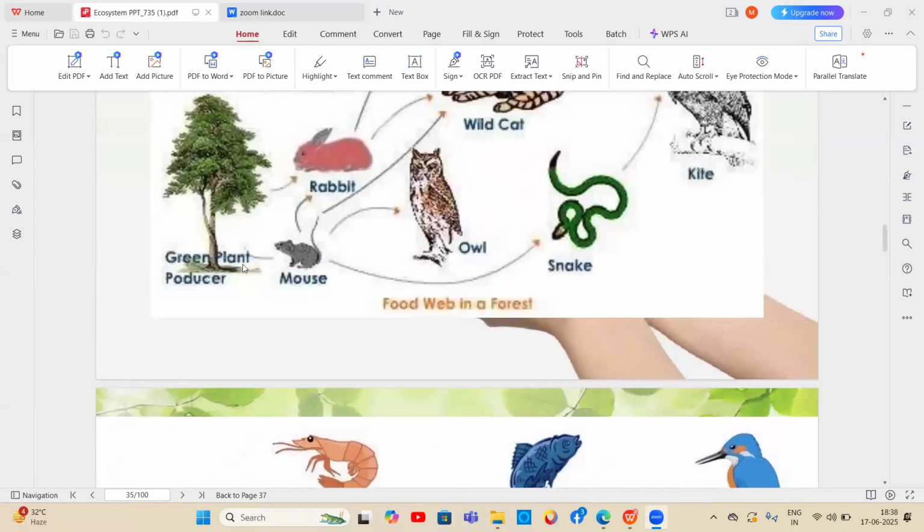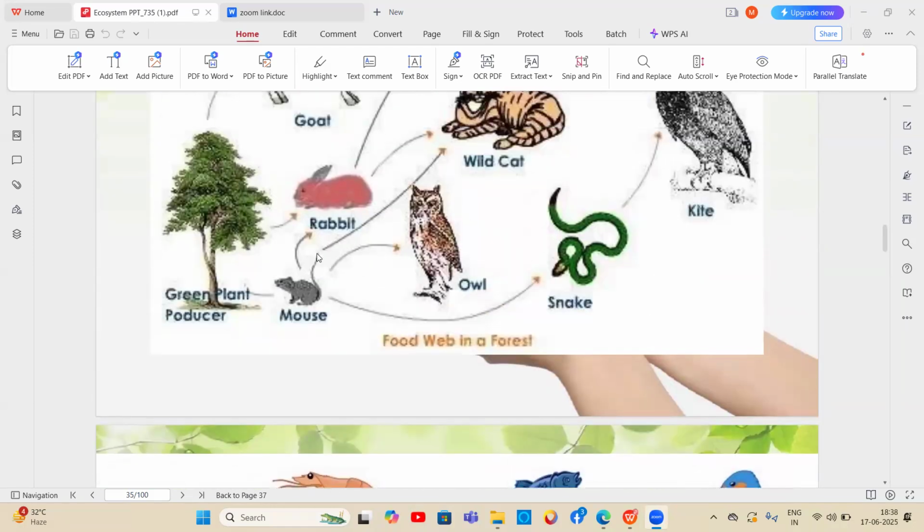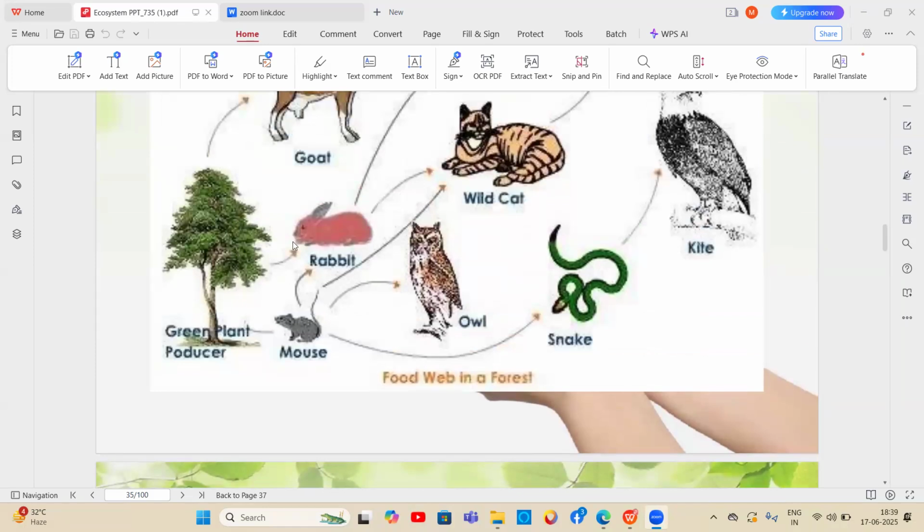For example, here the green plants, the producers, are eaten by the mouse. If the mouse is absent, the owl can also take its food as a rabbit.